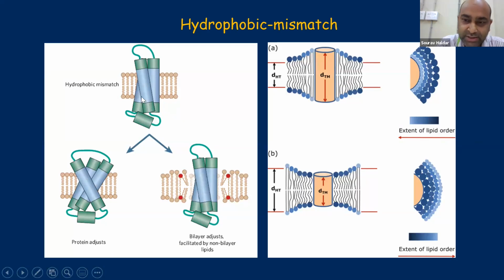Now there will be two consequences here. When the hydrophobic thickness of the surrounding bilayer is actually smaller than the transmembrane domain of the membrane protein, then since there are exposed areas in the protein which might not be very stable when it comes in contact with water, this protein will try to tilt itself.